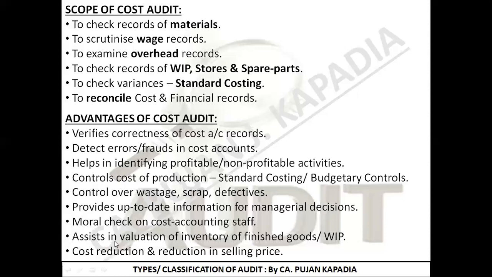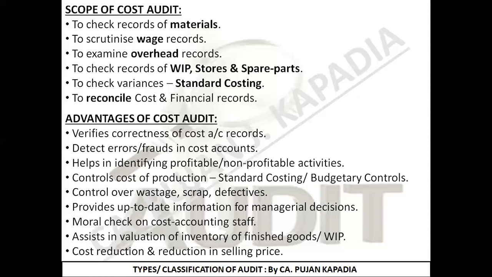Next is it assists in valuation of inventory of finished goods and work in progress. Now basically friends, if I am talking about a small unit, it is very easy to value the closing stock. But when we take complex businesses like big manufacturing units, at the year end when the stock taking is done, the process of valuing that particular finished goods is difficult. Why?